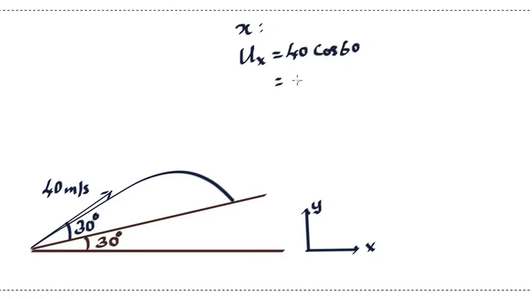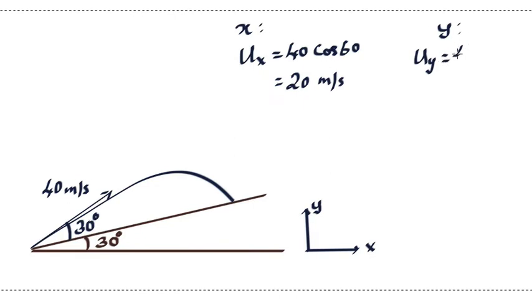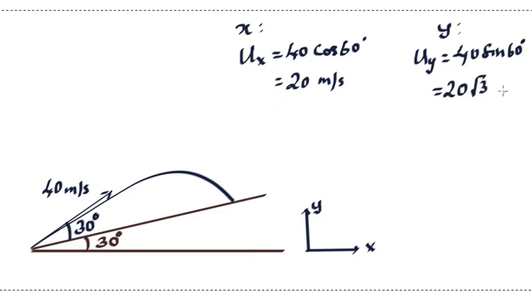Cos 60 is half, so that is 20 meters per second. And the y component of the initial velocity is 40 sine 60 degrees. Sine 60 is root 3 by 2, so this becomes 20 root 3 meters per second.